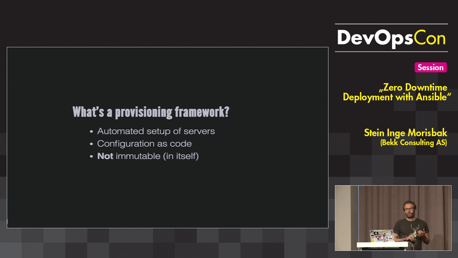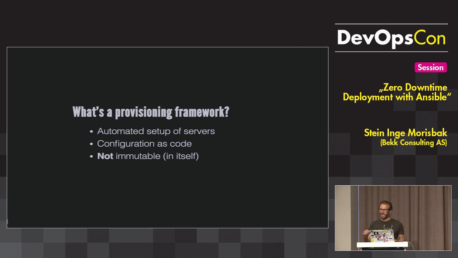It's important to note, as we experienced, that a provisioning framework is not the same as immutable infrastructure in itself. You can use a provisioning framework to provision servers that are immutable, and you can deploy them. But in itself, it's not immutable.